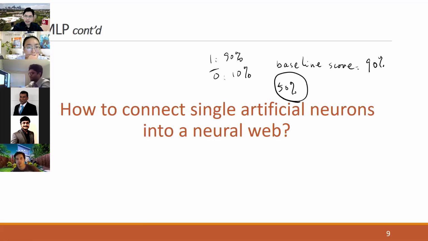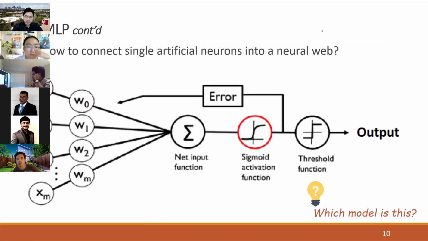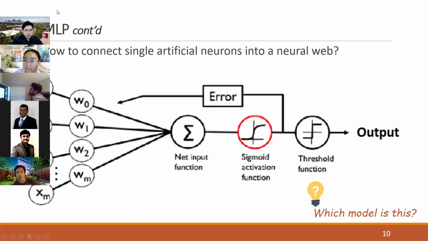Now, how do you connect a single neuron into a neural web? I hope this animation will be able to explain it at the intuitive level. Let's look closely. This model is logistic regression. How do you tell? Because the activation here is the sigmoid function, and it squeezes the values into 0 and 1.